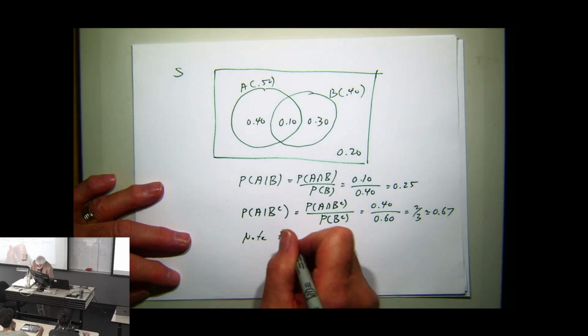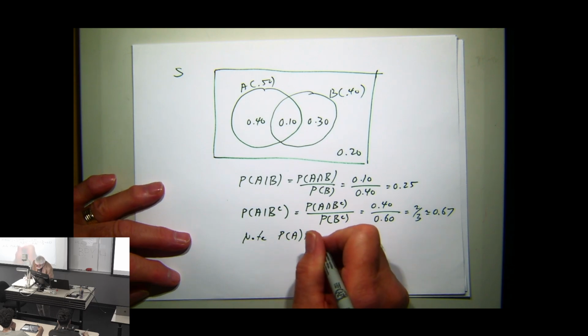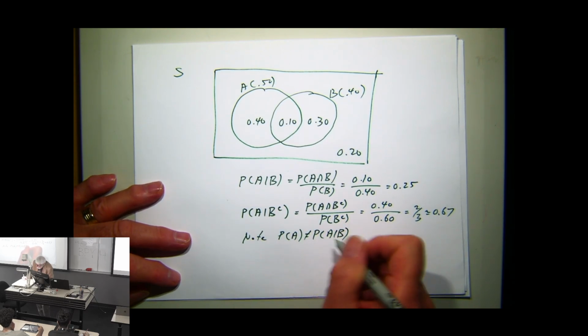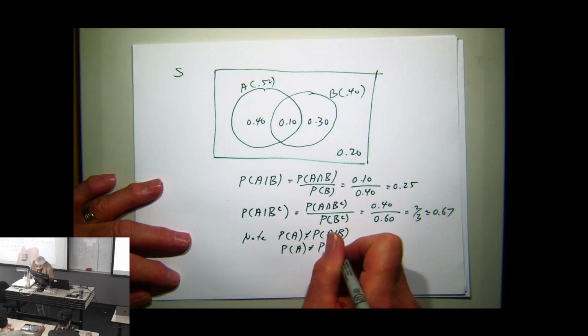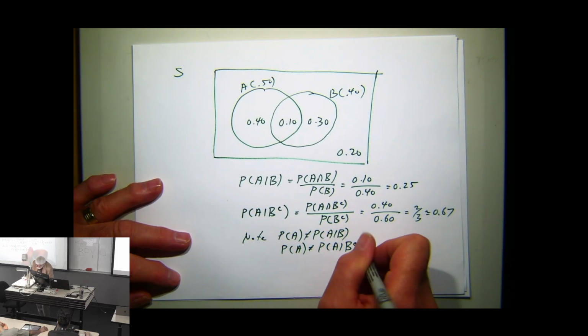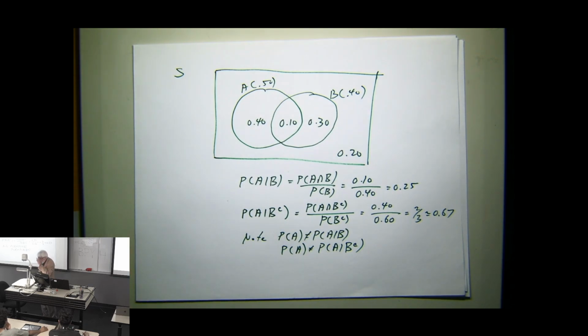Note the probability of A does not equal the probability of A given B, and the probability of A doesn't equal the probability of A given B complement. There's something else that's actually a little interesting to note, is that if I know nothing about whether B will occur or will not occur, the probability of A is 0.5.